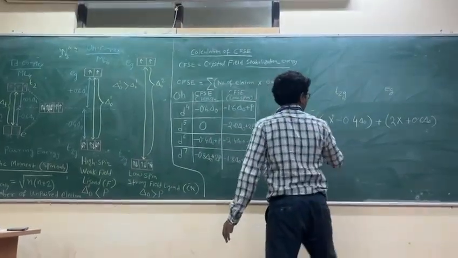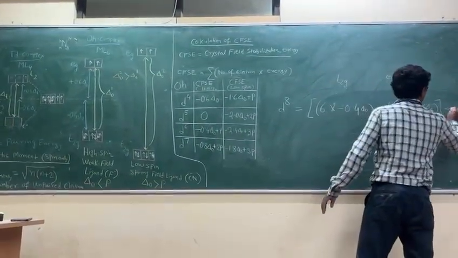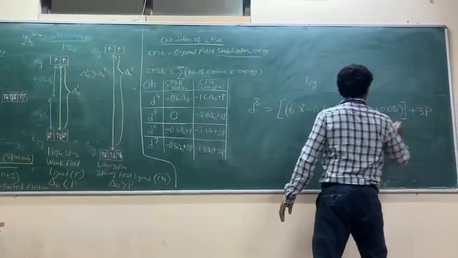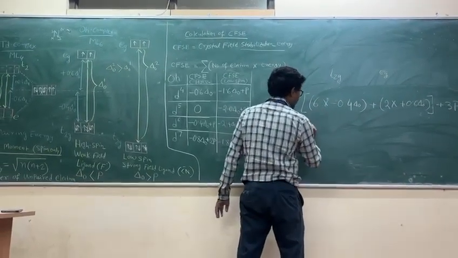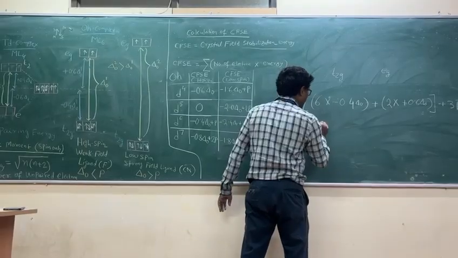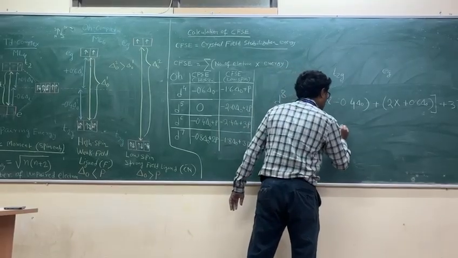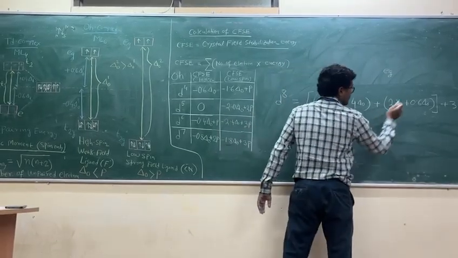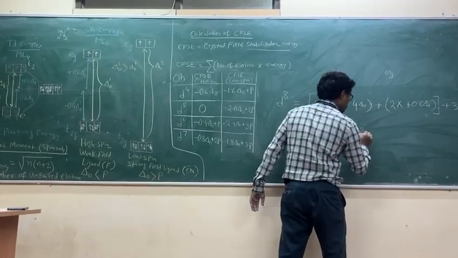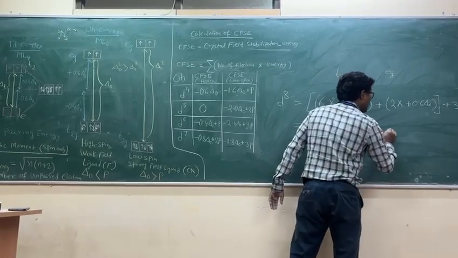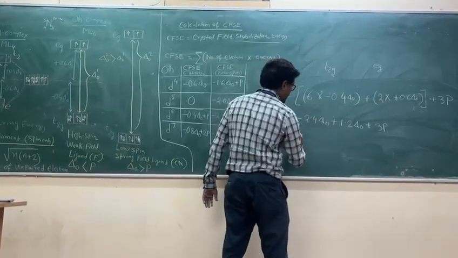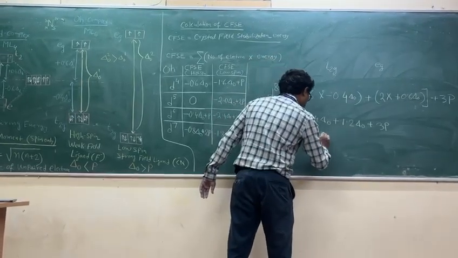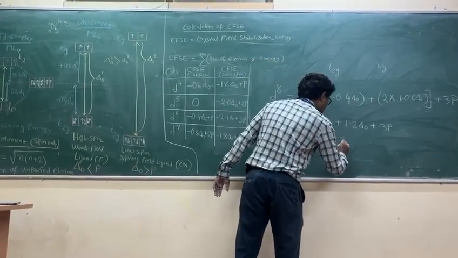So we can write plus 3p. Okay. So total will be minus 2.4 delta O plus 1.2 delta O plus 3p.